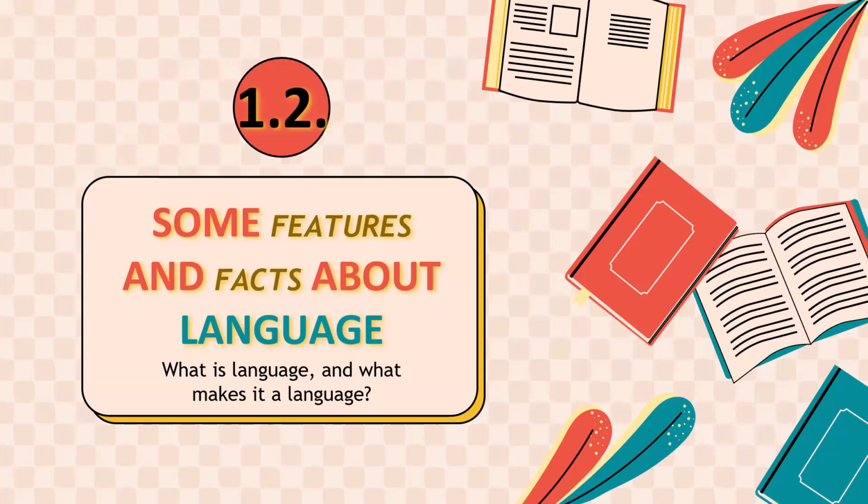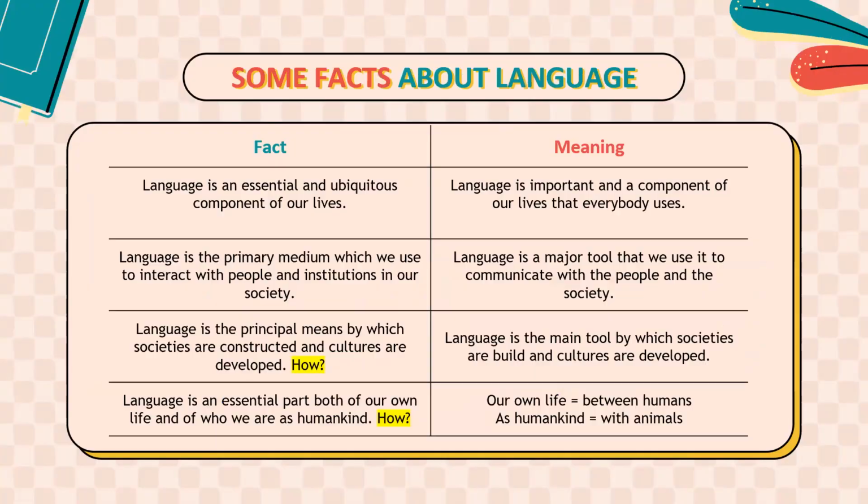All right. First, we will have some facts. I tried to explain them using simple words, replacing the hard ones. So we have a fact and its meaning in a simpler way.